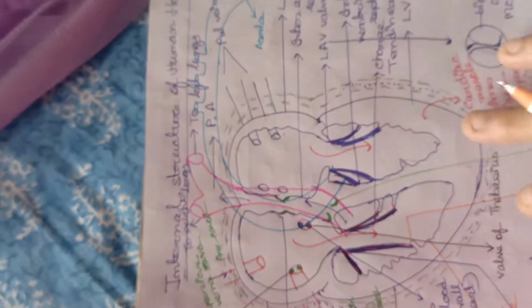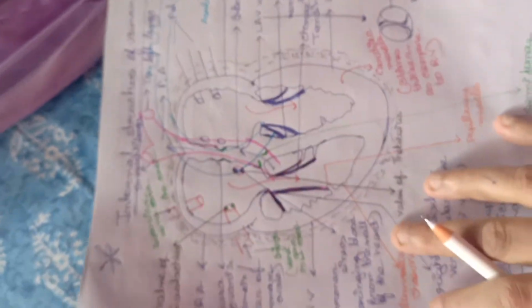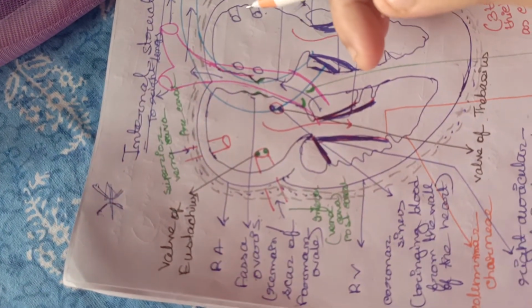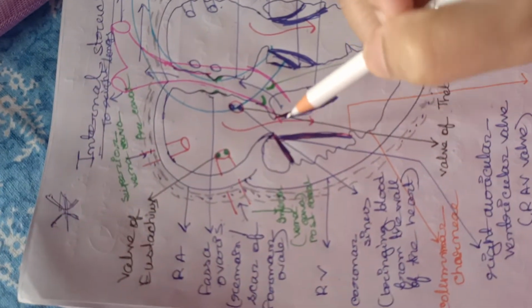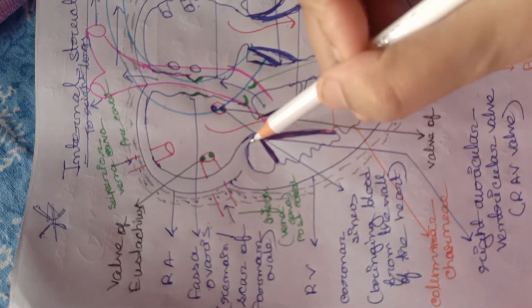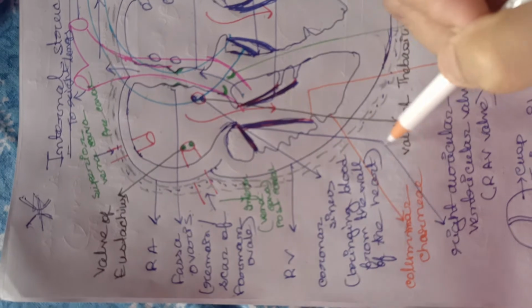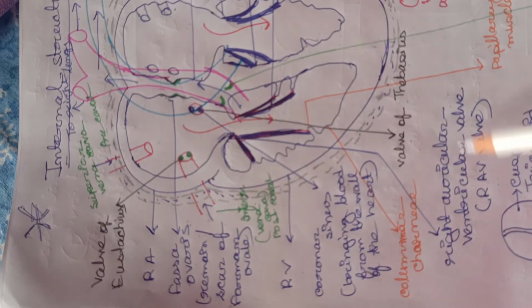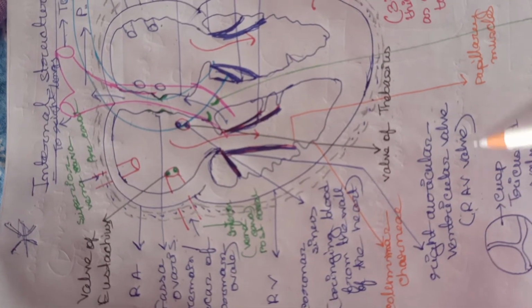Okay, acha, now we are coming to the lower portion. In the lower portion you see here is a depression. Here one valve is present, called the right auriculoventricular valve or RAV.